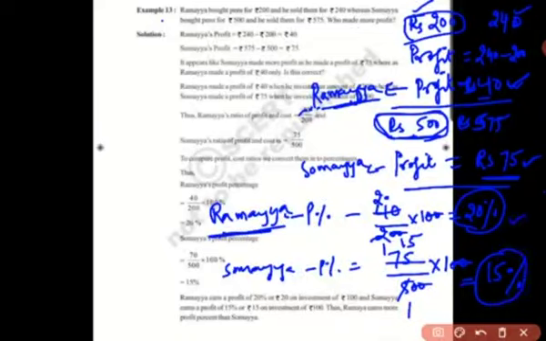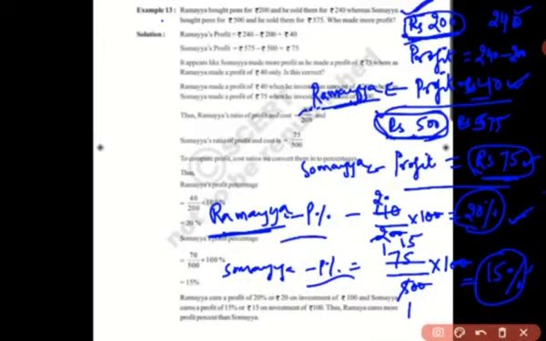Why is it the difference? Just by looking at the profit directly, you can't say who has gained. You can't compare the two profits because the money invested is different. Okay, here it was 200 and here it is 500. So when you take out percentages, it becomes easy for us to compare. So 20% is more compared to 15%.